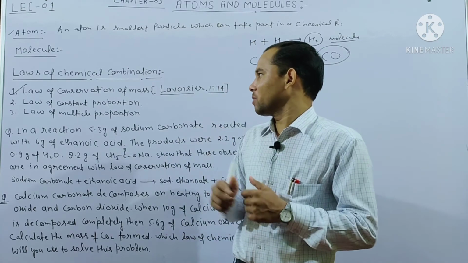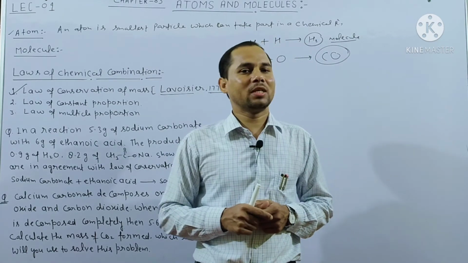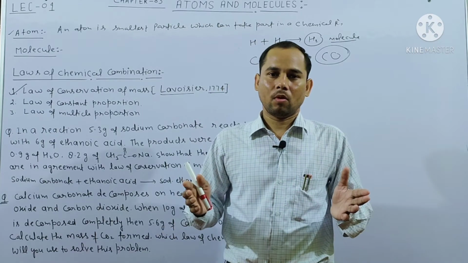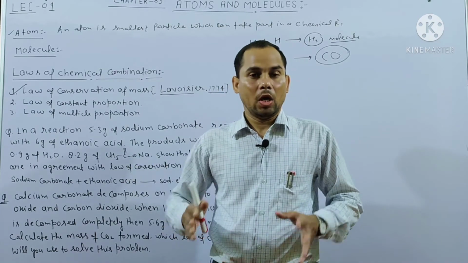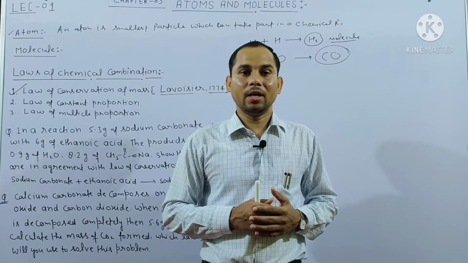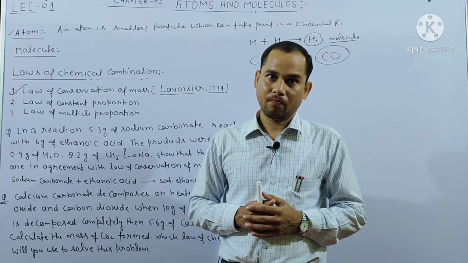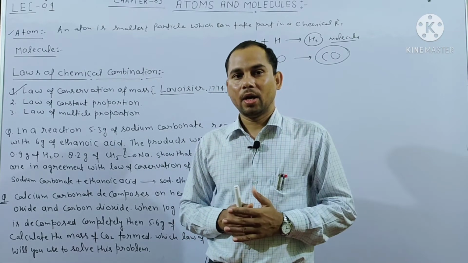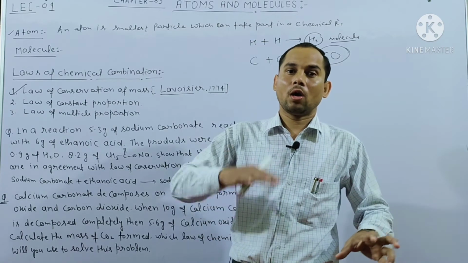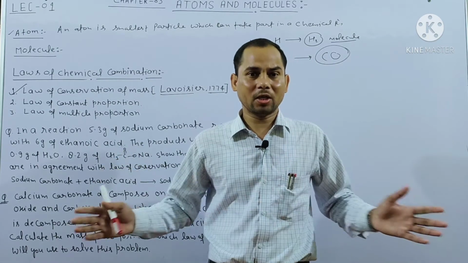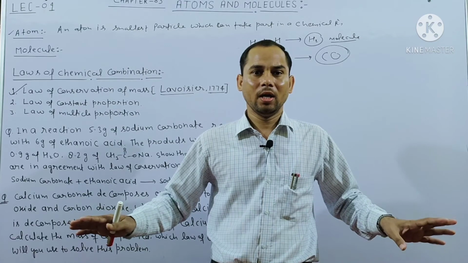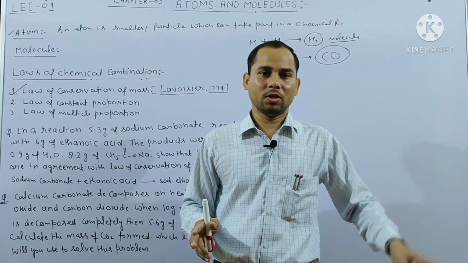Okay, so listen once again. Mass, or simply we can say matter, can neither be created nor be destroyed in any chemical reaction. It is only converted from one form to another form. Mass is never destroyed, matter is never destroyed. There is only the transformation.